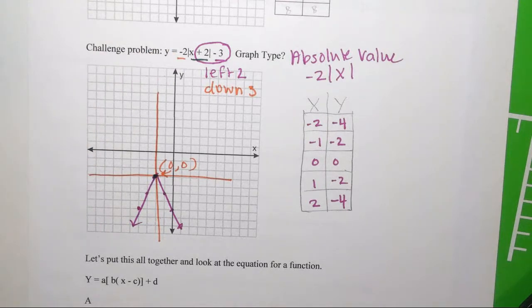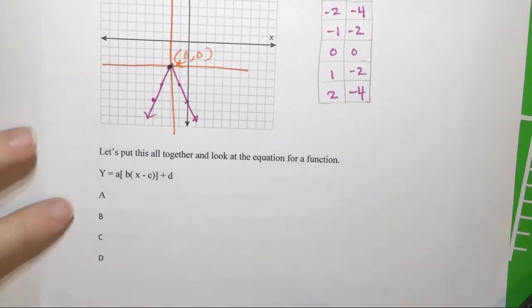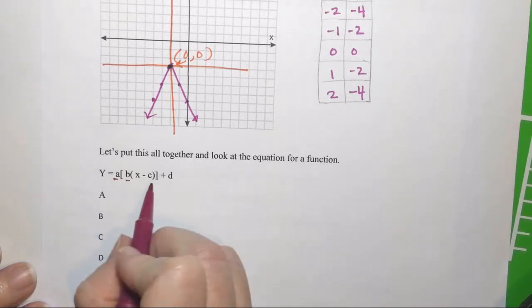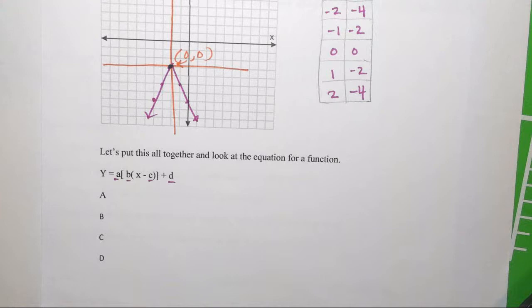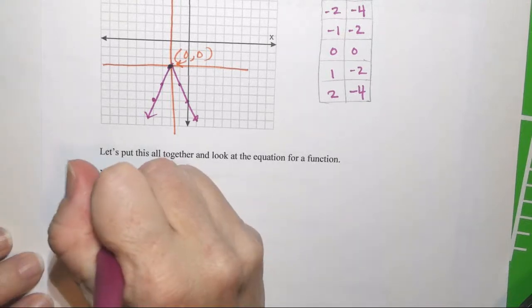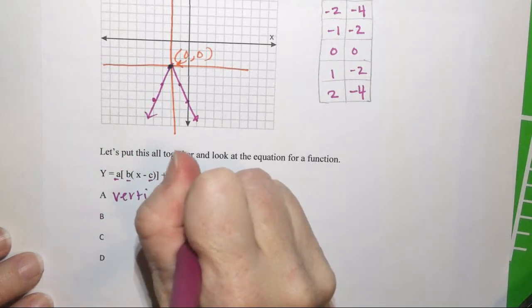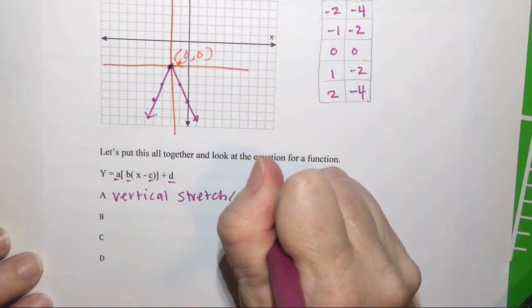Okay, so let's wrap this up and put it all together and kind of have a note sheet for us to refer back to when we look at this. So we've got an A value, a B value, a C value, and D value all wrapped up together in the same equation. So what do those things mean? Well, your A value is going to be your vertical stretch, stand up tall, or your compression.